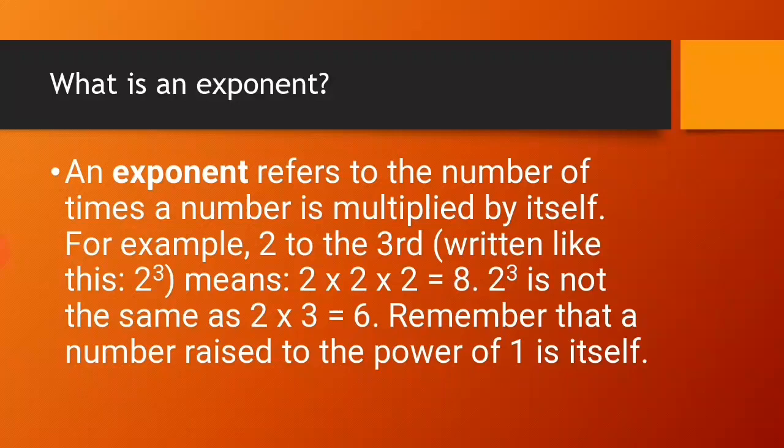That means it is 2 into 2 into 2, which is equal to 8. 2 raised to power 3 is not equal to 2 into 3. 2 raised to power 3 means 3 times 2, 2 into 2 into 2. It is not same as 2 into 3, which is equal to 6. And remember that a number raised to the power of 1 is always the number itself. For example, 2 raised to power of 1 is 2.